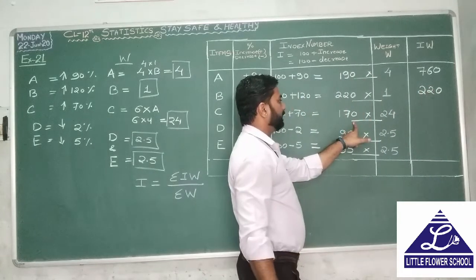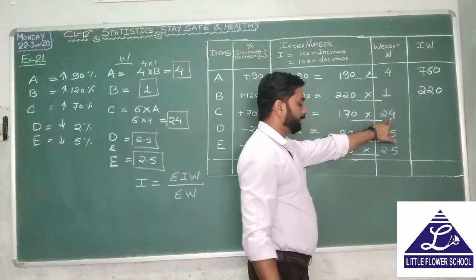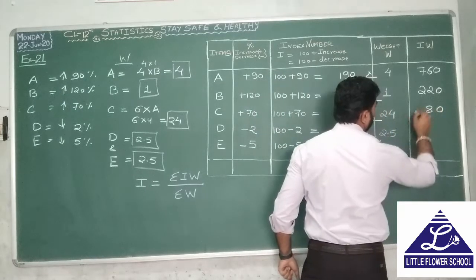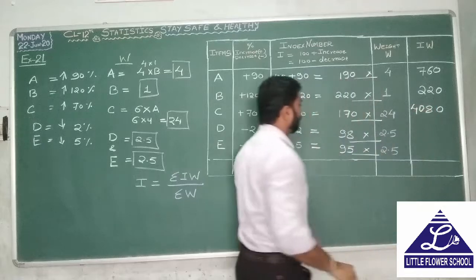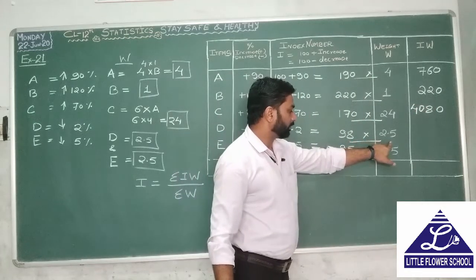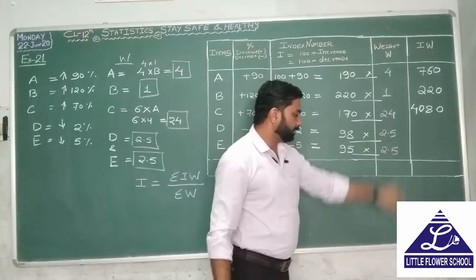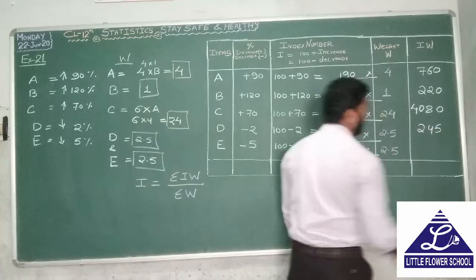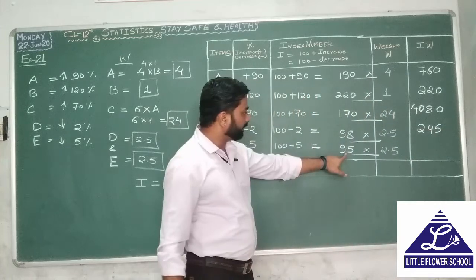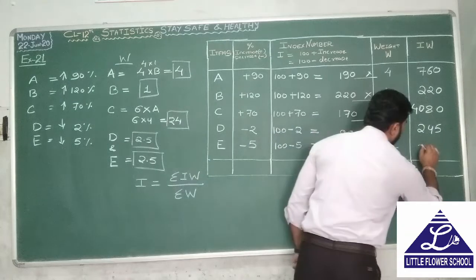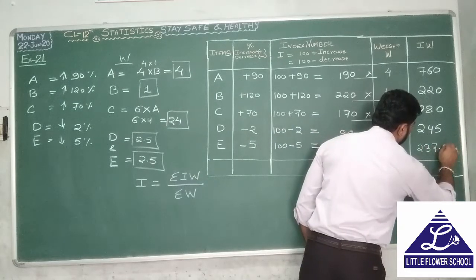Then 170 multiplied by 24 is 4080. Then 98 multiplied by 2.5 is 245. Then 95 multiplied by 2.5 is 237.5.